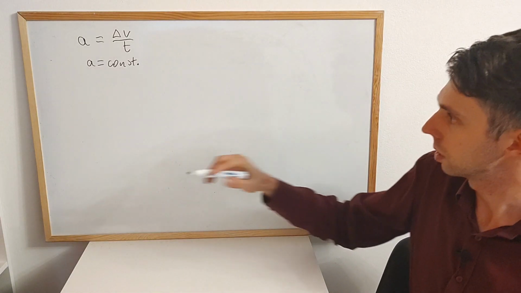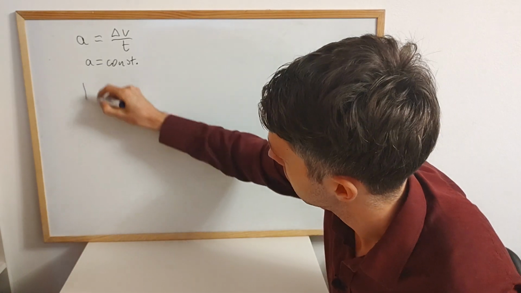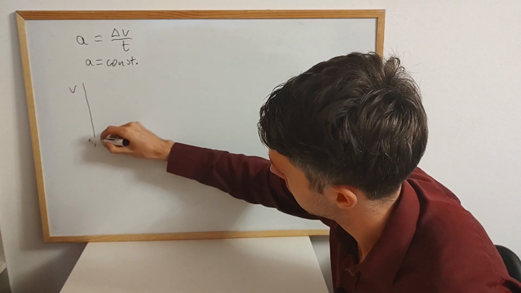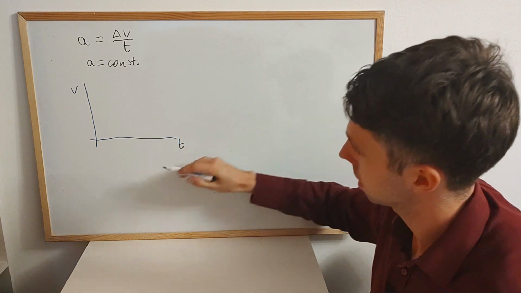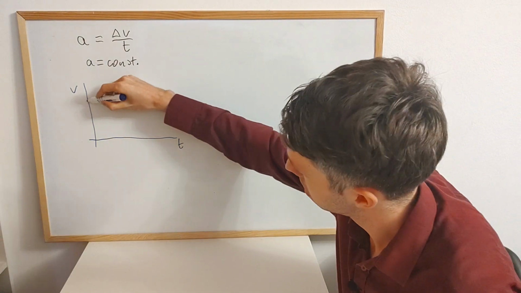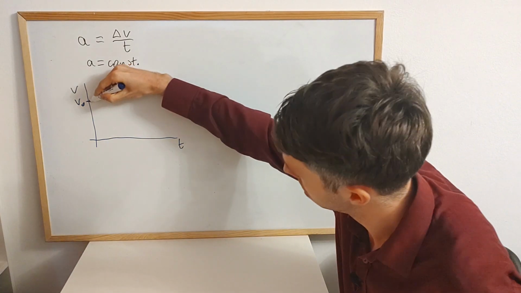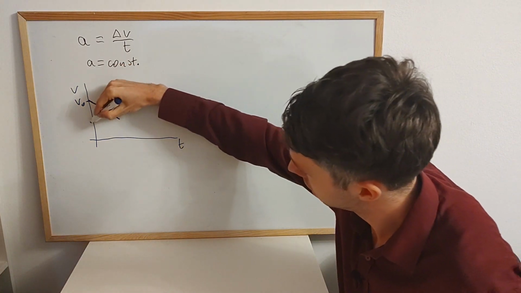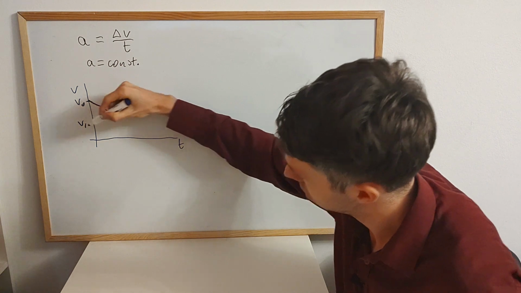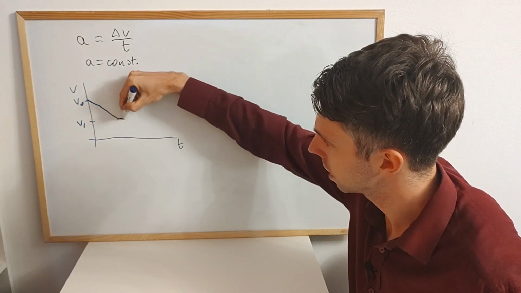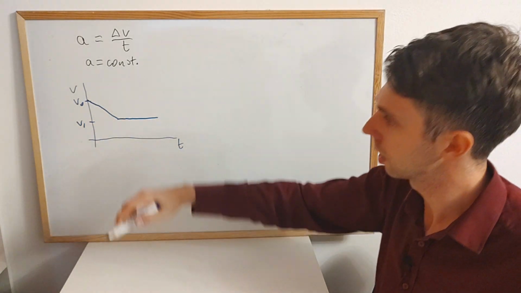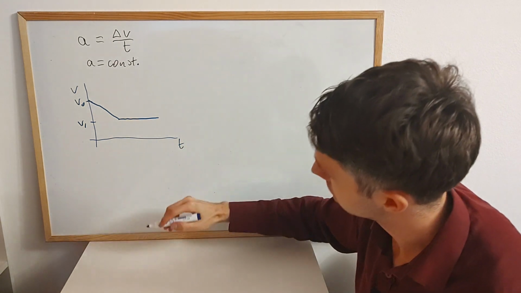So now more general case. Let's focus on the more general case. So again, speed versus time. You start from some initial speed v0 and you decelerate to some new speed v1, and then maybe you keep going with the constant speed.